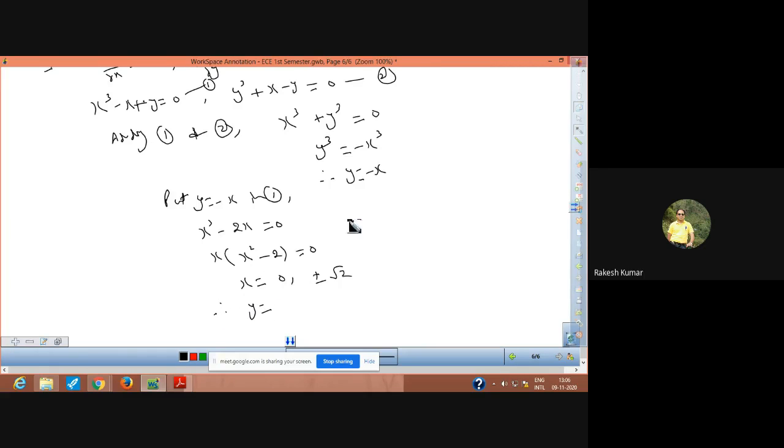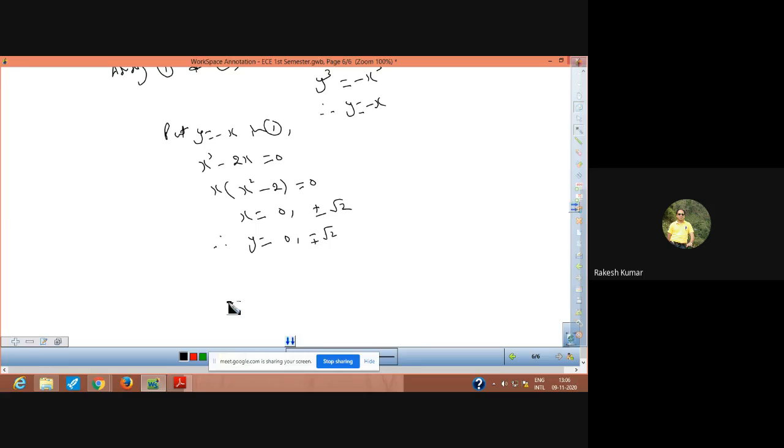So when x is equal to 0 here, you will get y equal to 0. And when you put x equal to square root 2, you will get minus square root 2, and similarly plus square root 2. So these are the points, which are said to be the stationary points or critical points.